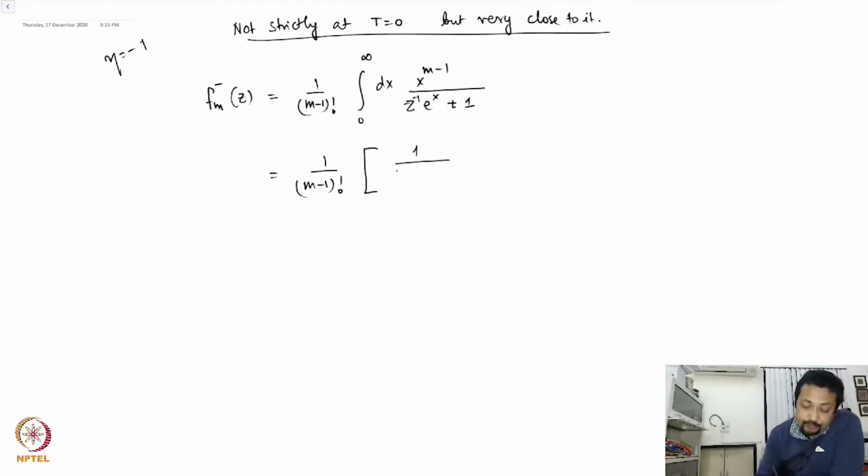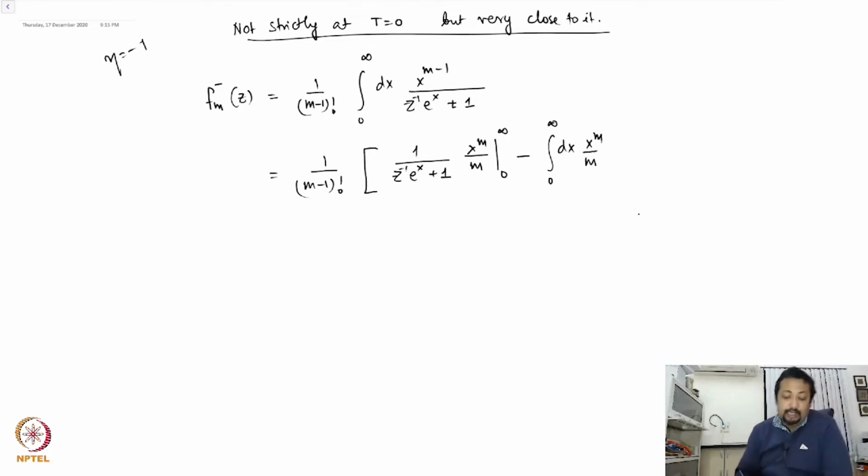So 1 over z inverse e to the power x plus 1, and the integral of x to the power m minus 1 dx is going to be x to the power m over m, evaluated from 0 to infinity, and then I'm going to have integral 0 to infinity dx x to the power m over m times d dx of 1 over z inverse e to the power x plus 1, right?